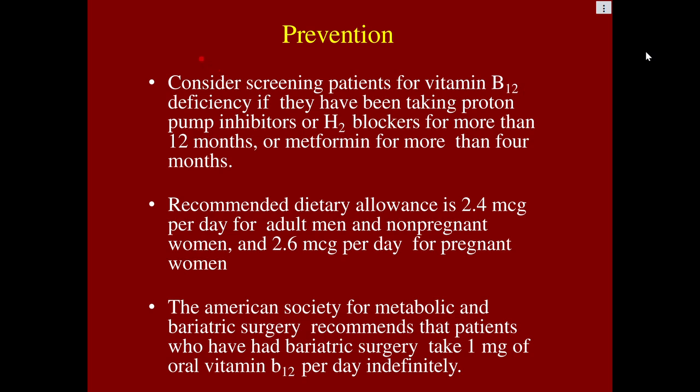Therefore, when you take PPIs and H2 receptor antagonists, you are severely decreasing the HCl content in the stomach. Subsequently, you're going to reduce the amount of vitamin B12 that you absorb, okay?